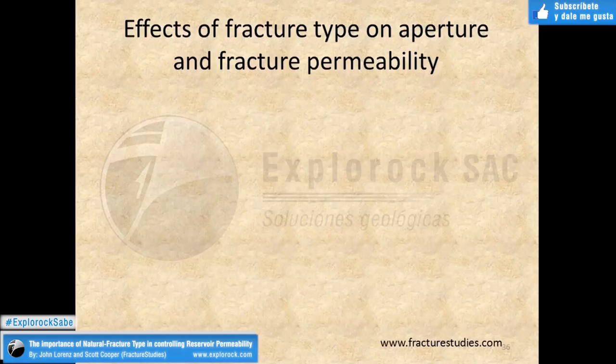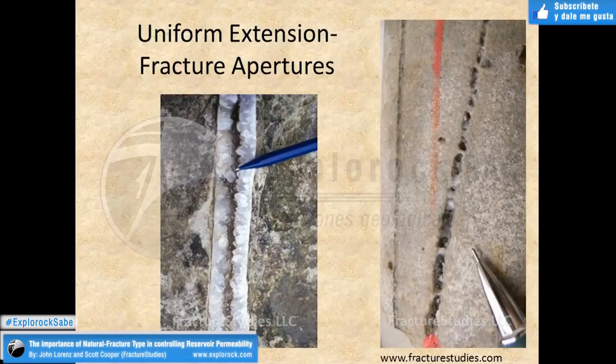And the mineralization comes in from either side, and you've got a reasonably uniform aperture down the center of the fracture. Over here the fracture has been mineralized, and then there's some secondary dissolution along it. But the fracture plane is reasonably uniformly wide. So extension fractures start out as reasonably uniform in terms of aperture.